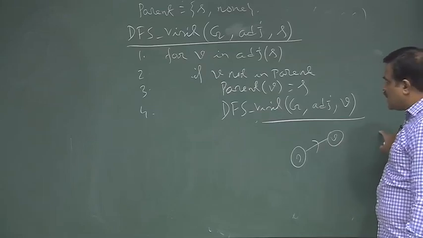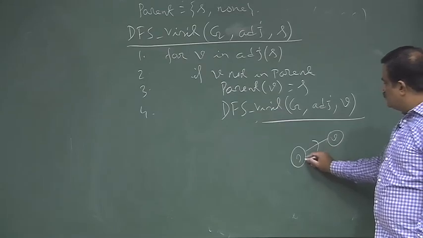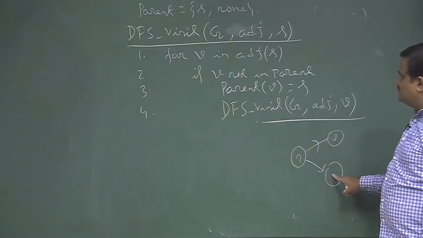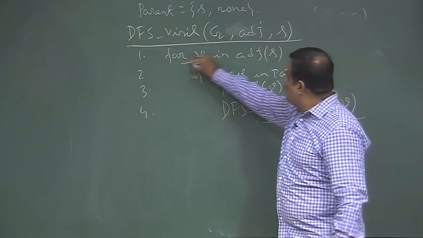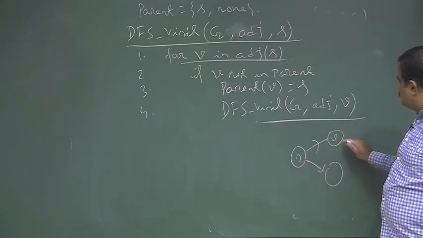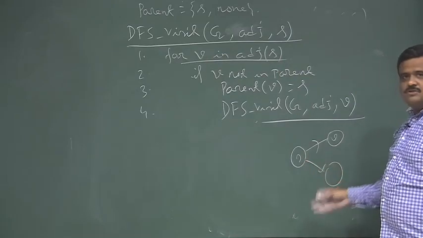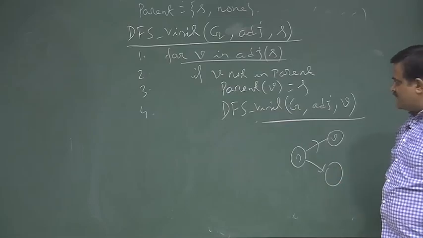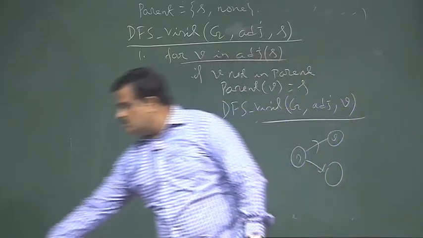Once we finish, we come back here and choose another vertex V. So, this is for all the vertices which are adjacent to S. Once we explore with this, that is why it is a recursive call and it is backtracking. So, this is with the one vertex.